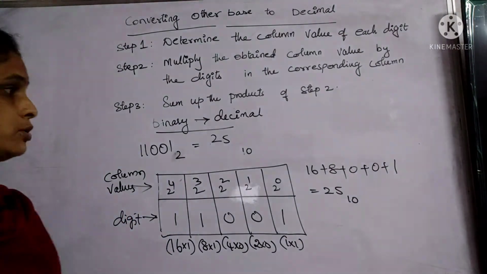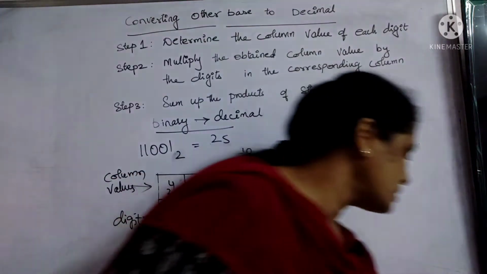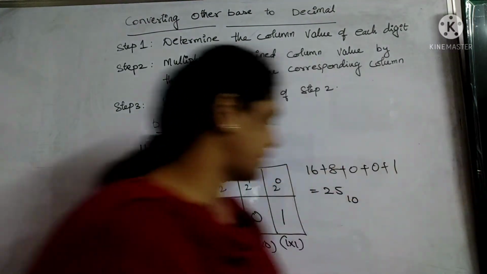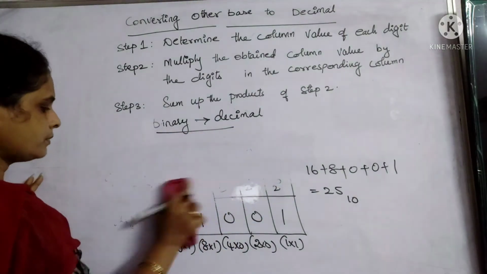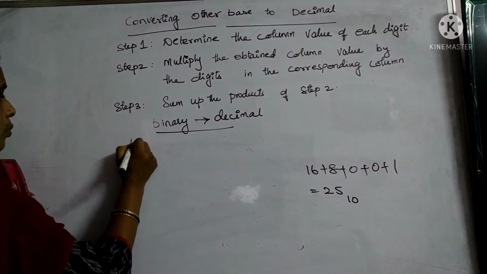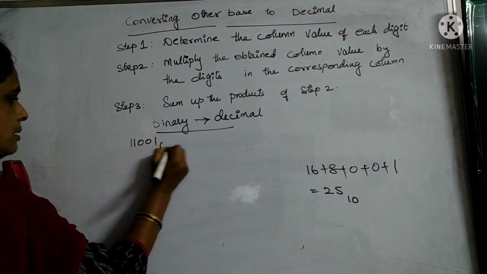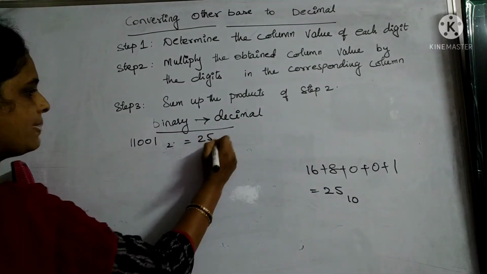Now, I wanted to check whether my answer is correct or not. Whatever I got, I just wanted to check it. So how do I check it? We'll see now. I said that 11001 base 2 is equal to 25 base 10.